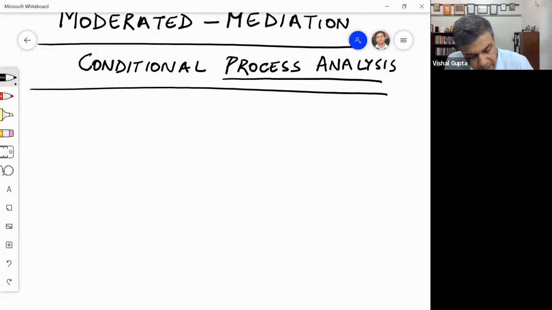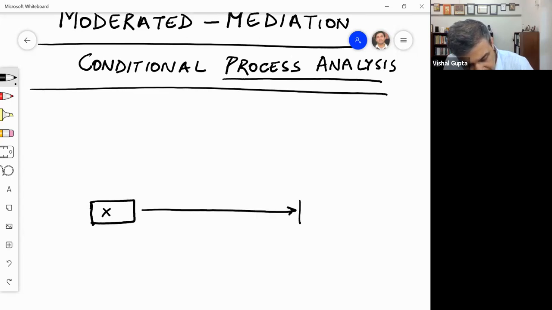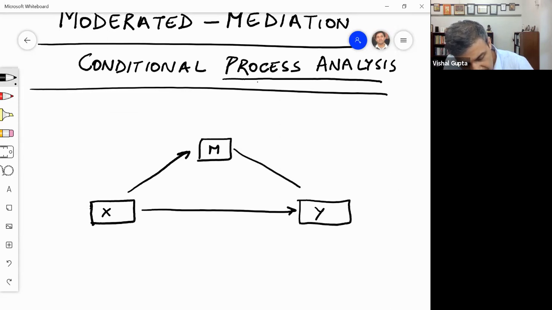Now let me demonstrate what I have in mind and how this actually works. Let's say we are talking about our original relationship that we wanted to understand. How is X related to Y? What is the relationship between X and Y? So we test this path. We wanted to understand the process, so we brought in our mediator. Now what have we done? We have done the process analysis bit.